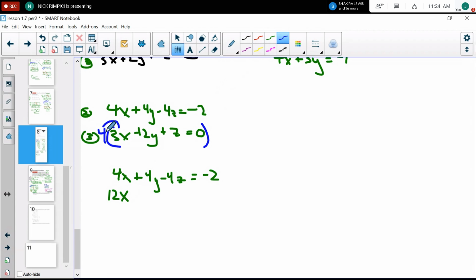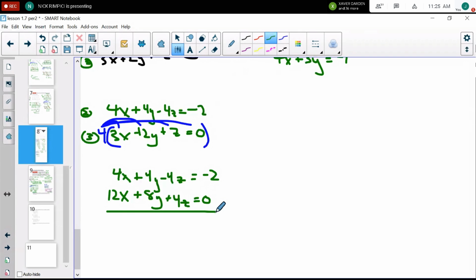And then 4 times 2y is going to give me 8y. And then 4 times z, well, that's what I wanted. I want 4z positive so I can cancel. Mission accomplished there. And last but not least, 4 times 0 is still 0.